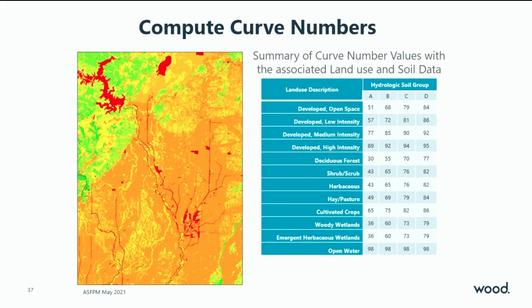So hydrologic soil group matters. It's important if you're trying to do accurate flood risk to determine which ones of those categories apply, because even on the deciduous forest, the difference between a B and a C is 55 and 70. So if it's B/C, it's important for you to determine whether C is most applicable for your watershed or B is most applicable.